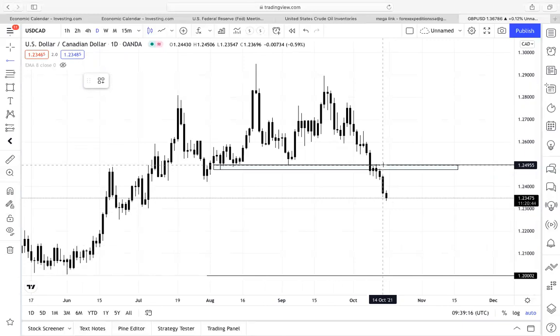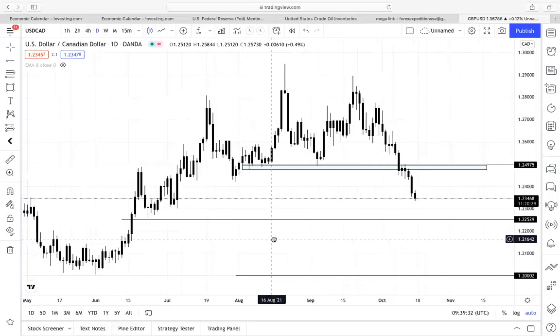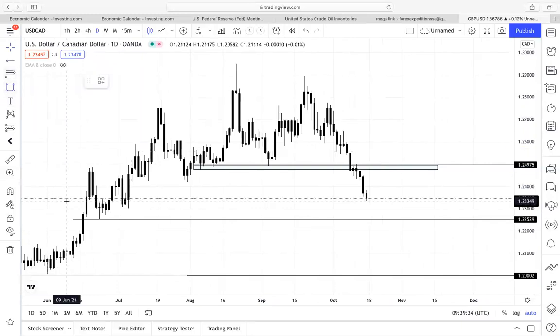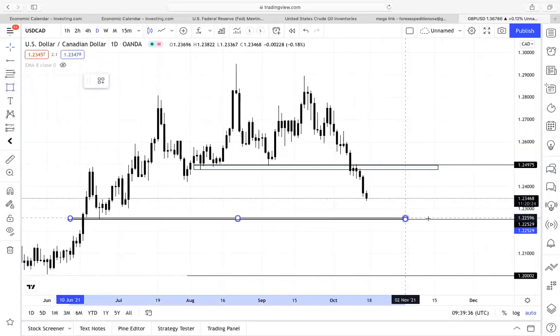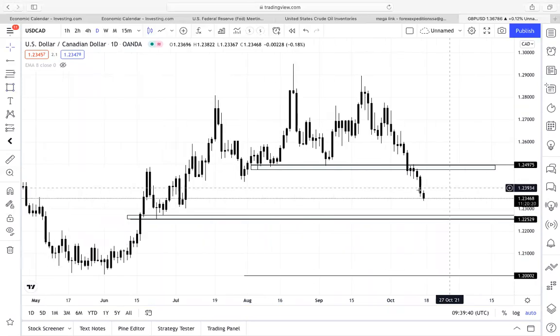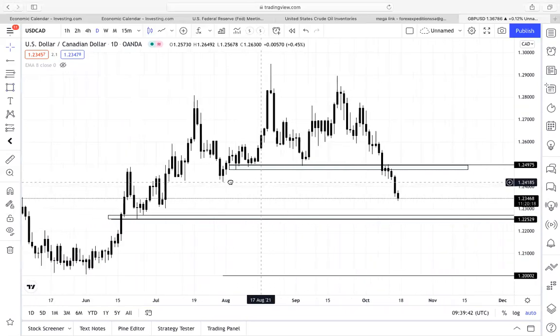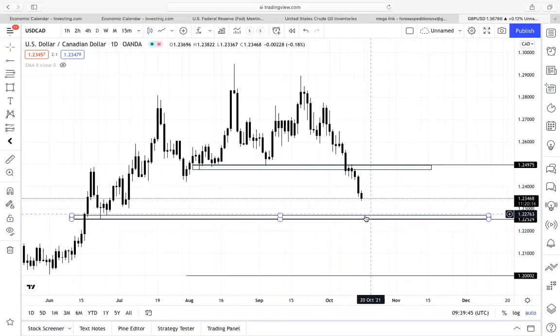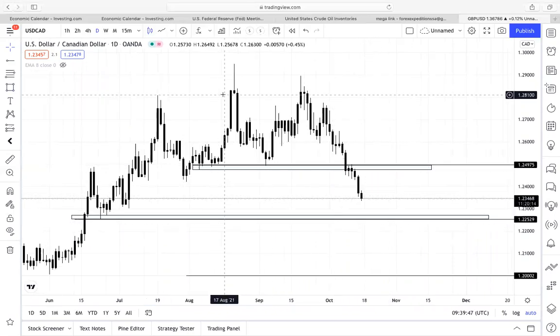If you divide it by 2, what does it give you? 25. So that means we would be looking at 1.22500. That's the last time where price stopped. You guys see how easy it is to break it down. The only time we're expecting price to stop is by 1.22500.